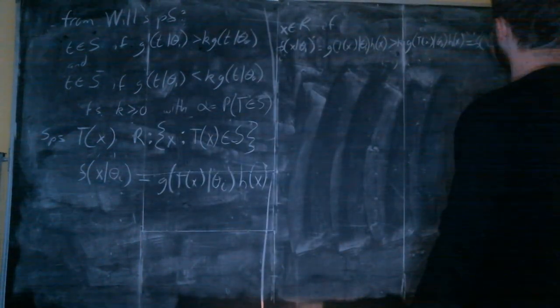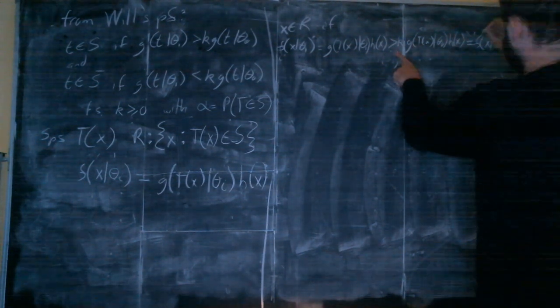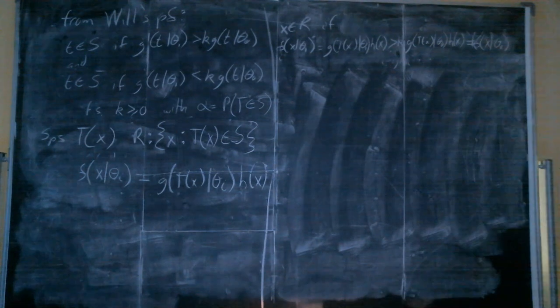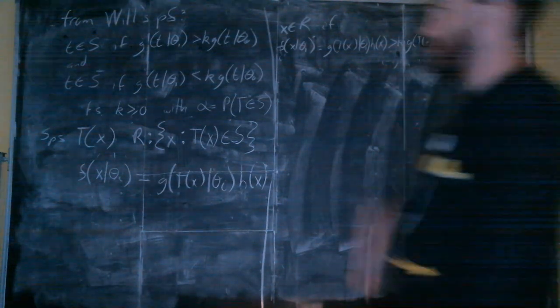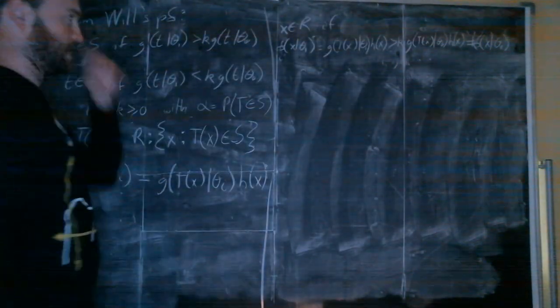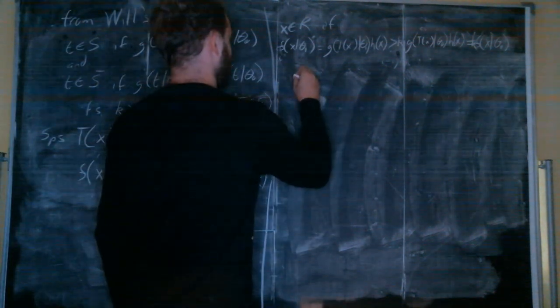This is the same as writing f of x given theta naught, and then we have to attach that k on there for good measure. Okay. So here we have a condition that looks almost exactly like what we're supposed to have, and it follows from our lemma from the first part of the video.